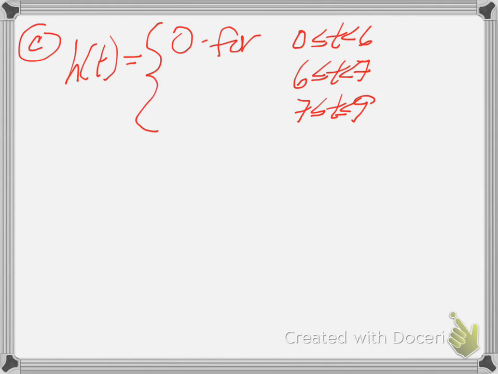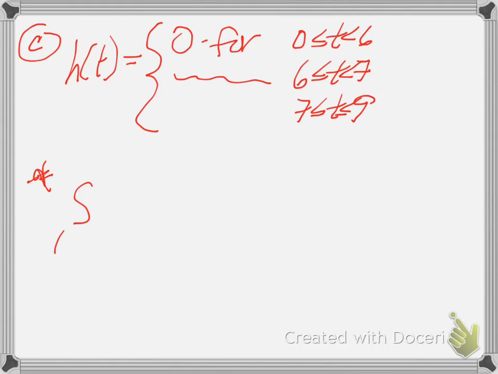From 6 to 7, she removes it at a rate of 125, but what if it's not exactly 6 or 7? I'm just going to do it down here. What goes right here, I'm going to put over here because I need some room.